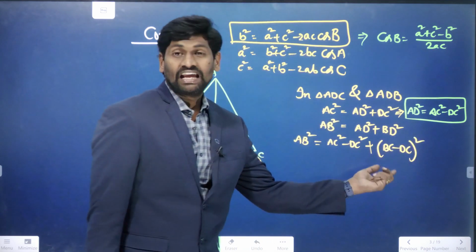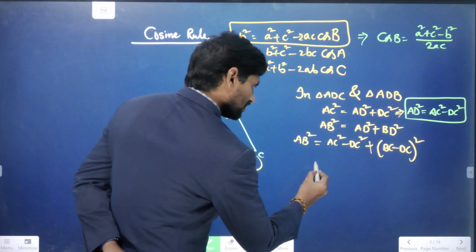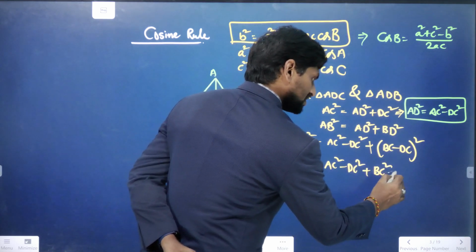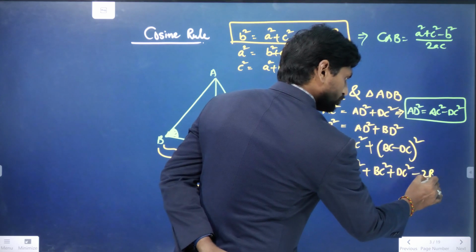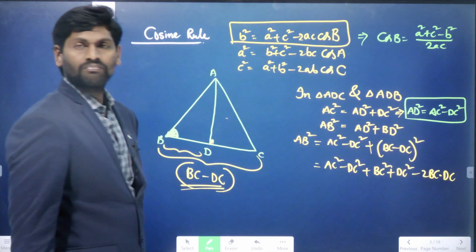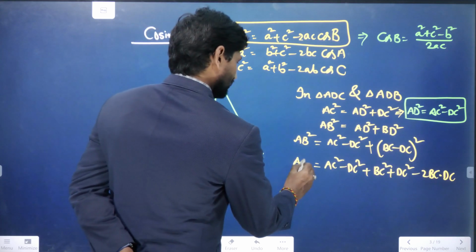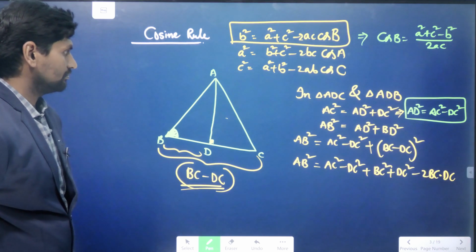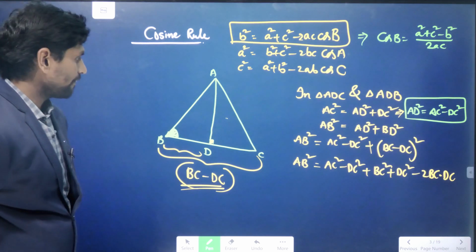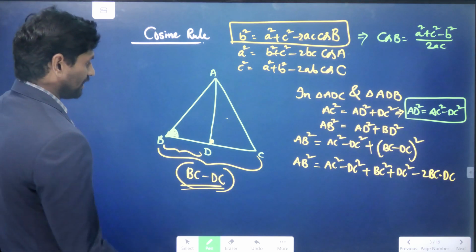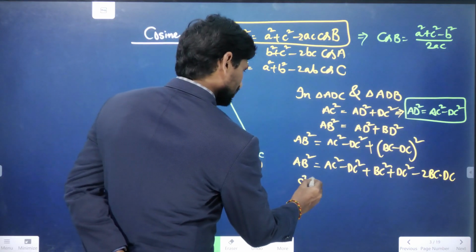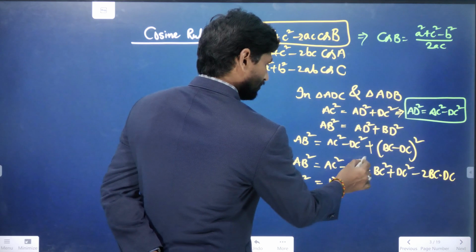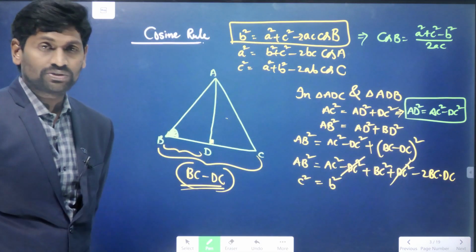That is nothing but looking like the A minus B whole square formula. What is the A minus B whole square formula? A square plus B square minus 2AB. So from that, BC square plus DC square minus 2 BC into DC. So AB square, AB is nothing but length c, c square is equal to AC square minus DC square plus DC square.